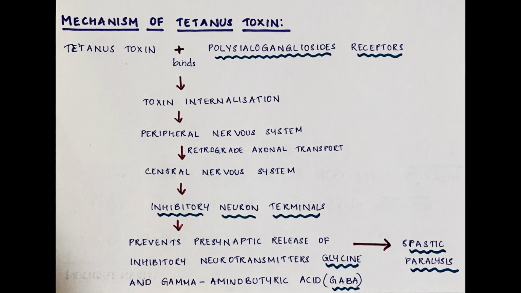So the lack of these inhibitory signals to the motor neurons and also the constant release of acetylcholine to the muscle fibers will lead to irreversible contraction of the muscles, and that will result in spastic paralysis. That is, our muscles will become stiff.